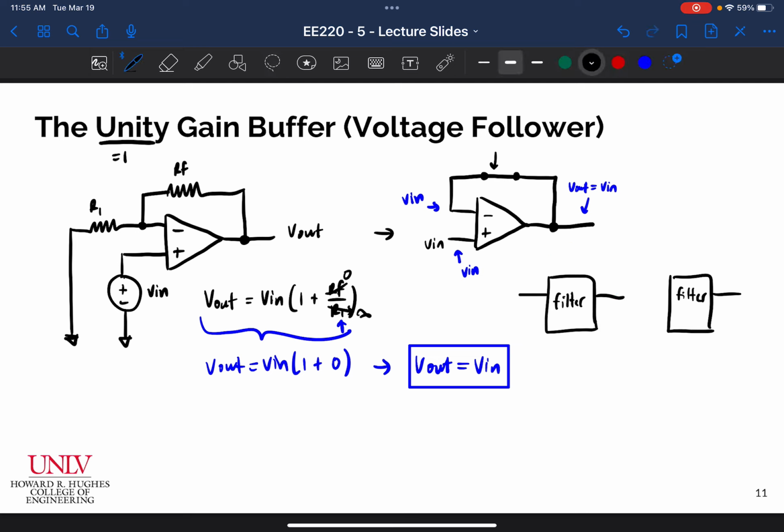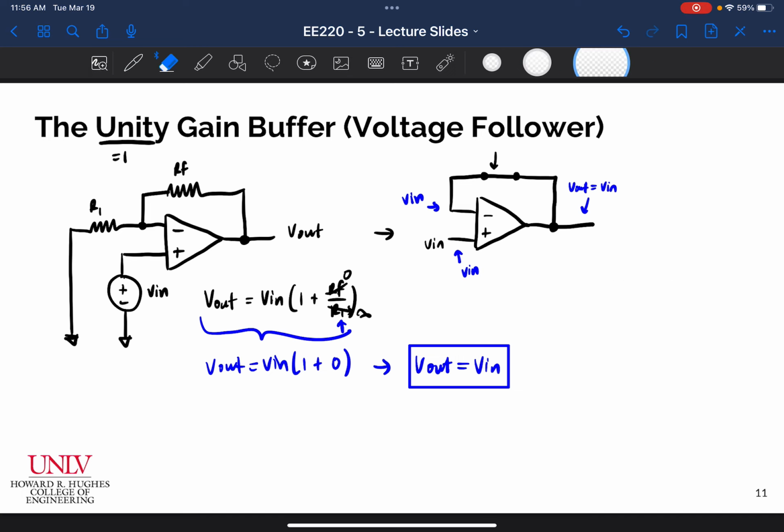But if I were to insert a unity gain buffer right here, then I can actually drive the output of one filter into the input of another filter with no problems. Okay, so this circuit's very useful. I just want to show you where it came from because I know it's an important circuit moving forward.